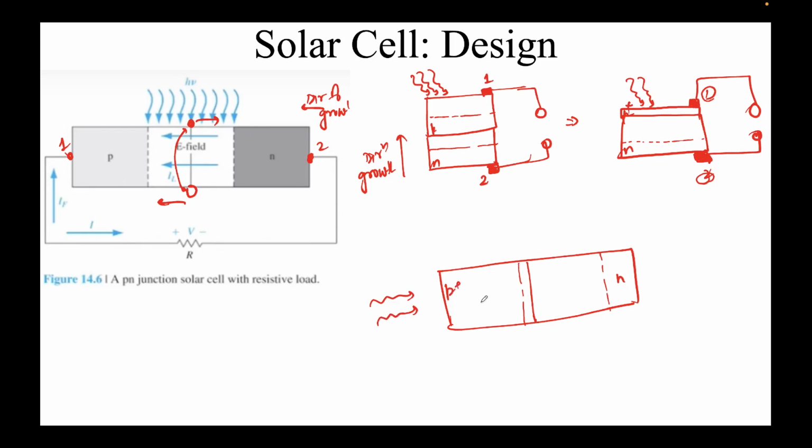Then majority carriers are holes. No. See, light does not have any carrier, so to speak. A photon is just a packet of energy here. In this region, yes, there are majority holes, but this is a neutral region anyways, right?